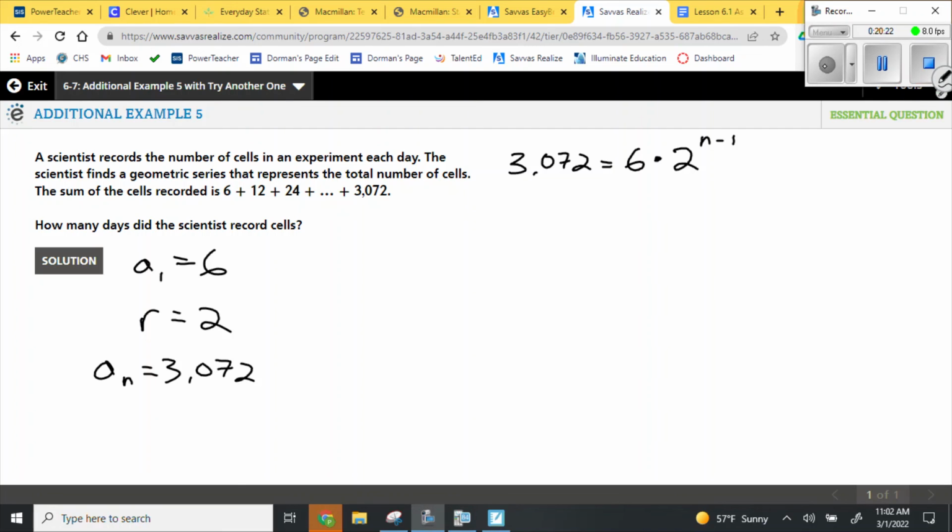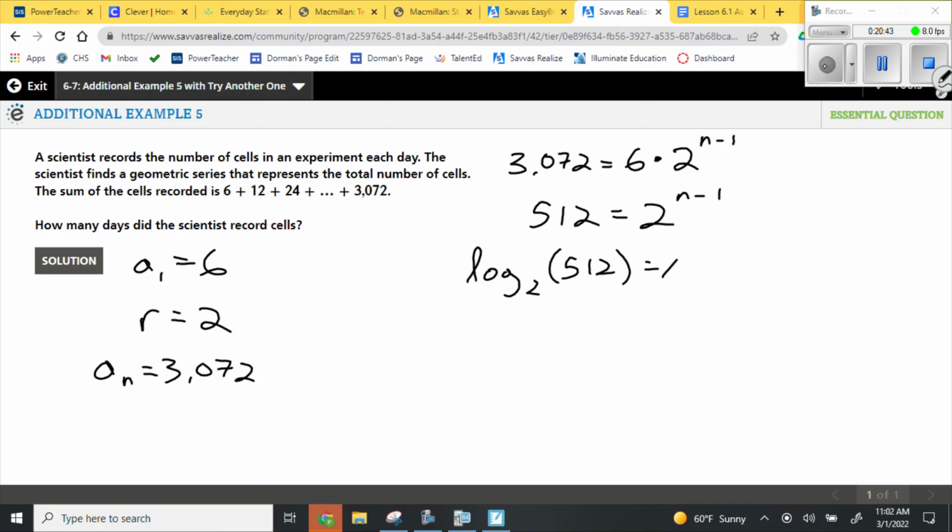Let's go ahead and solve this. The first thing I'm going to do is divide both sides by 6. So 3,072 divided by 6 turns out to be 512. And I have 2 to the n minus 1. I'm going to go ahead and take log base 2 of both sides to save a step.